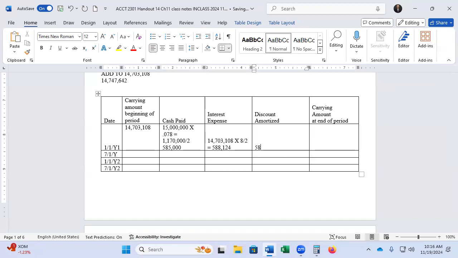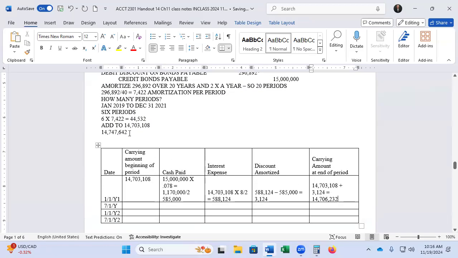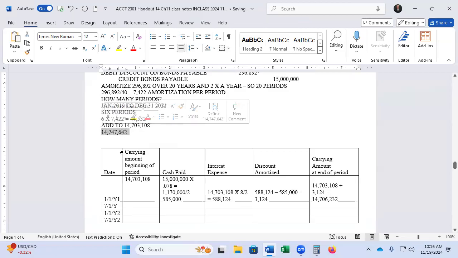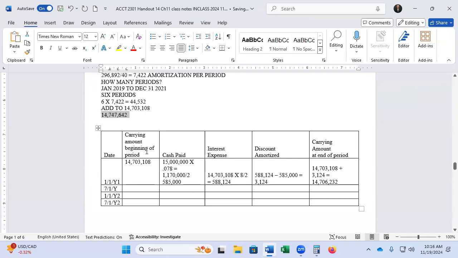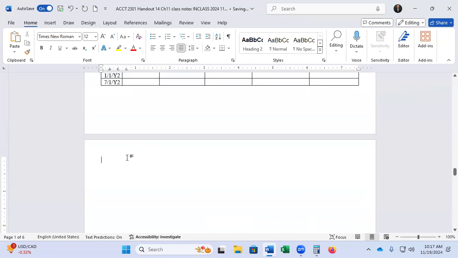So you'll see the discount, 588,124 minus $585,000 is going to give us $3,124. So we take the 14,703,108, we add the 3,124, and that equals 14,706,232. Now, if we were to keep going, we would get close to this number, but we would not get the same number because we're using the effective interest method. Okay, so if you were to do that, that's what that would be.